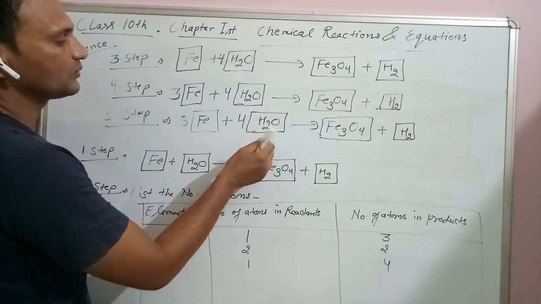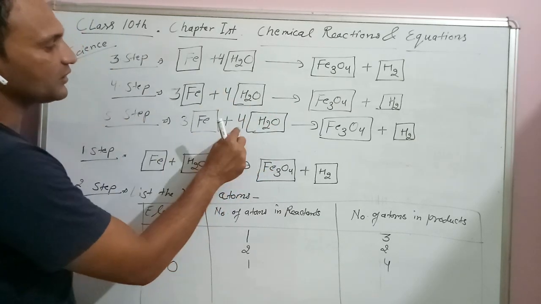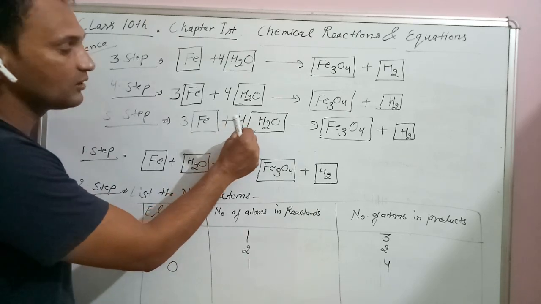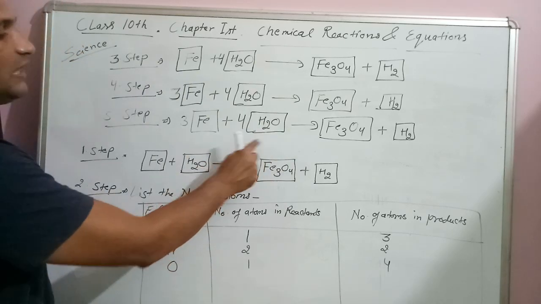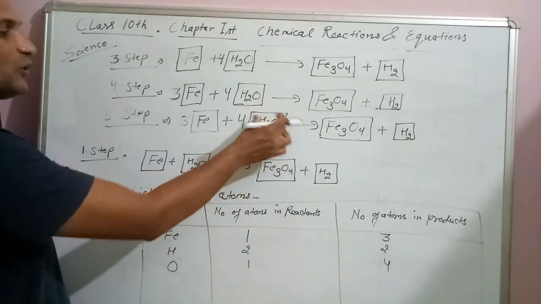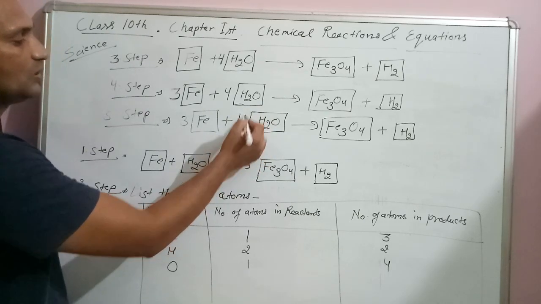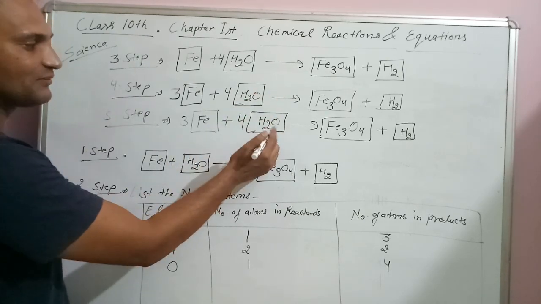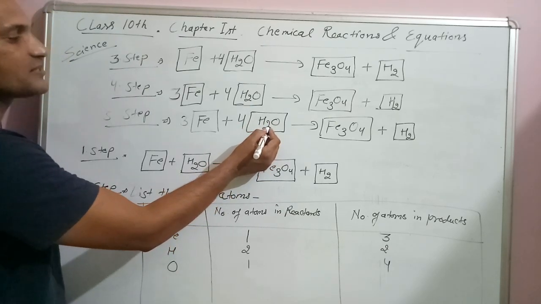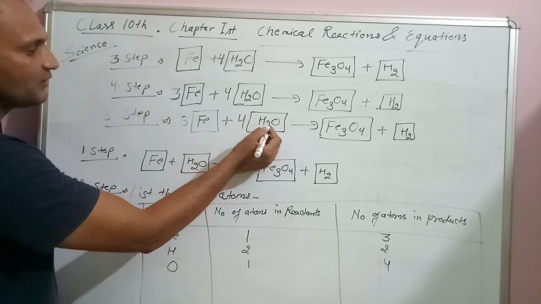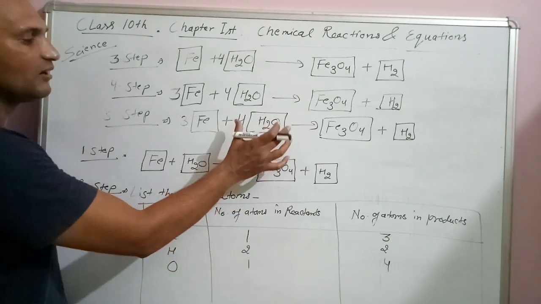Here the 2 is inside the formula. There are 2 hydrogens, but there is a 4 written outside, before the boxes. So if any number is written before the formula of a molecule and there is a subscript after the element, then multiplying the two gives the number of atoms present in the formula.